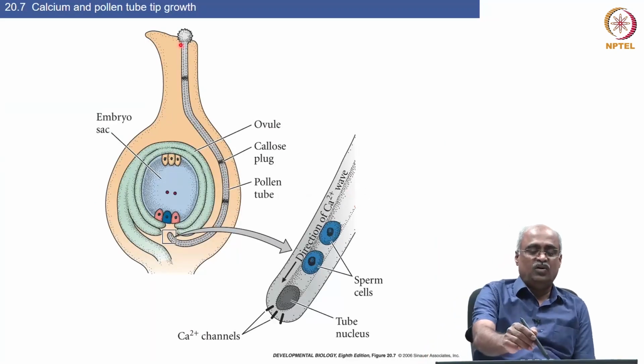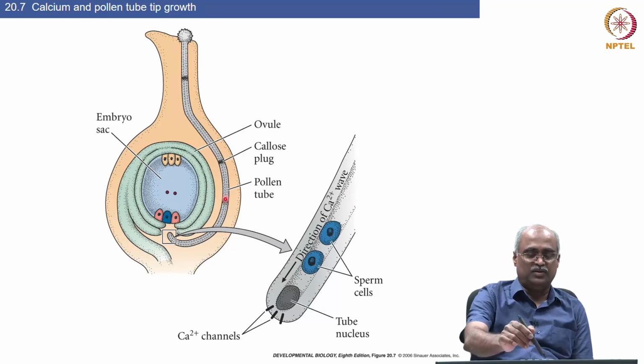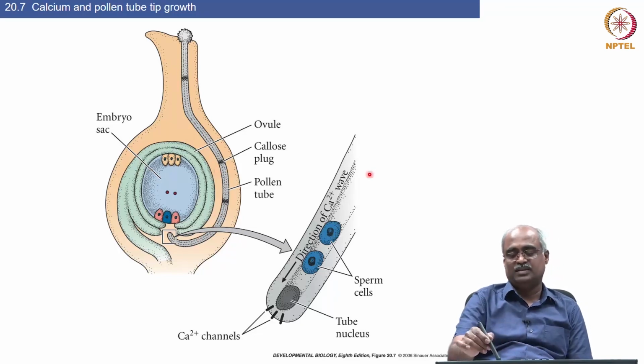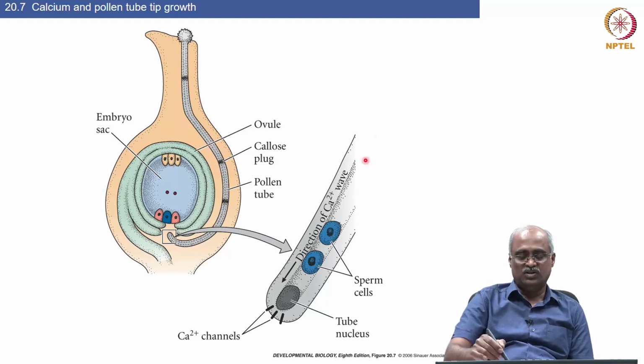When the pollen grain germinates, that is, the tube cell elongates and forms this tube-like structure, you have a slow moving calcium wave towards the end of the tube.